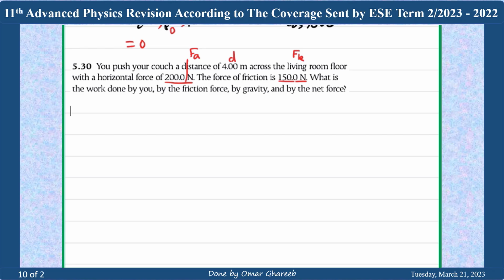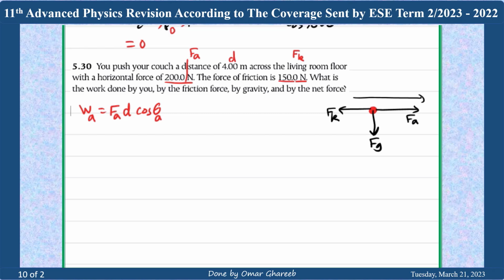Now let us go with my work. Work by me is my force times d times cosine theta. This is the couch. This is my force. This is the friction. This is the gravity.